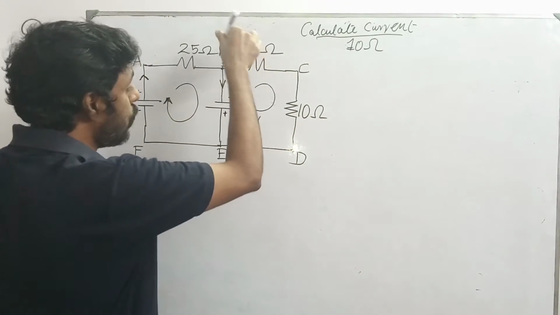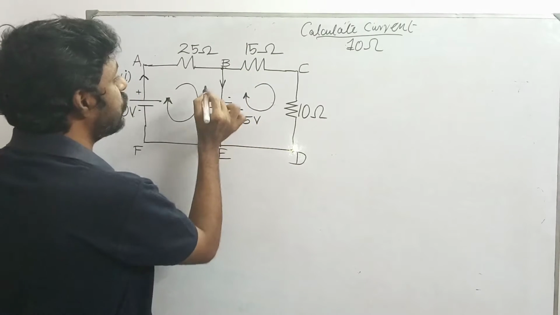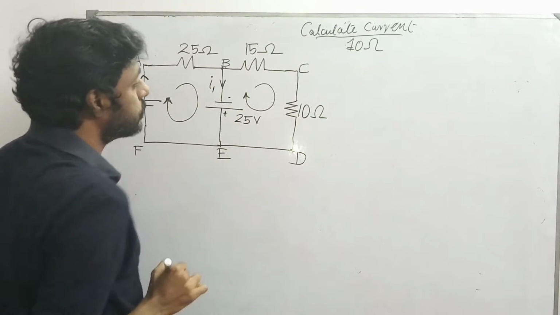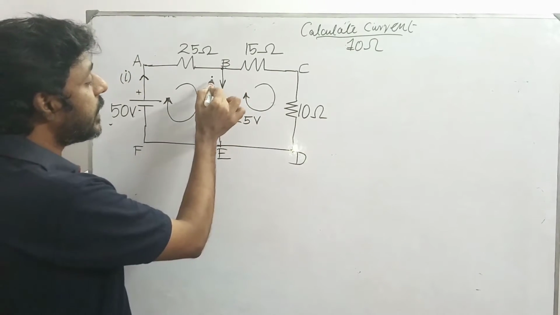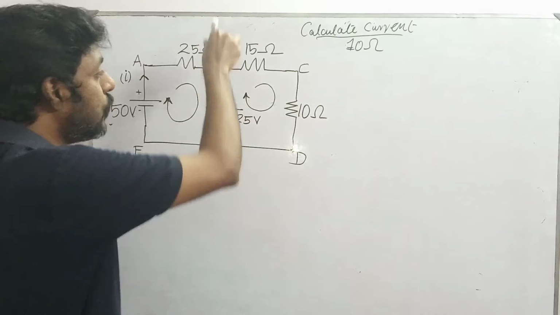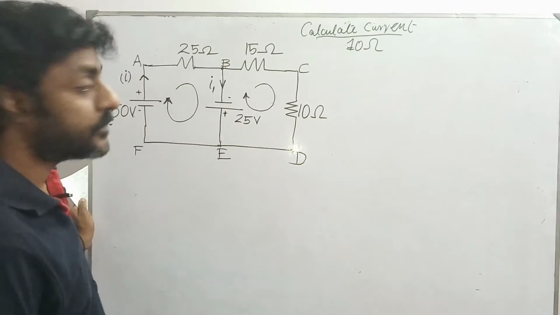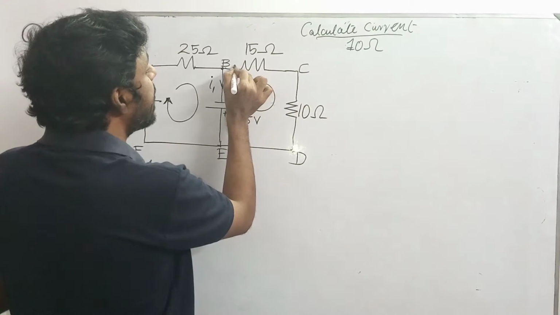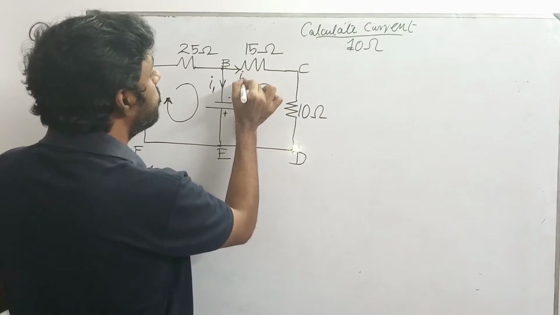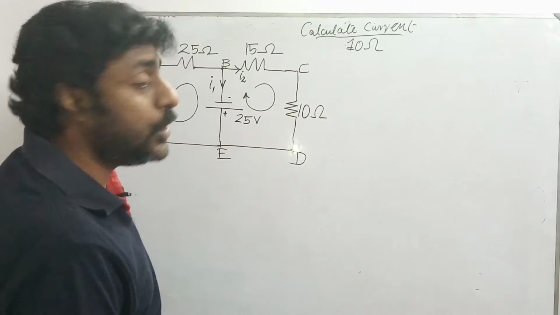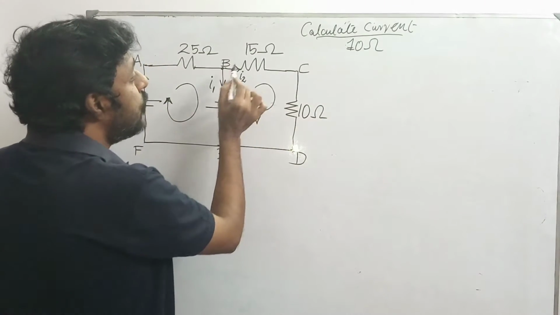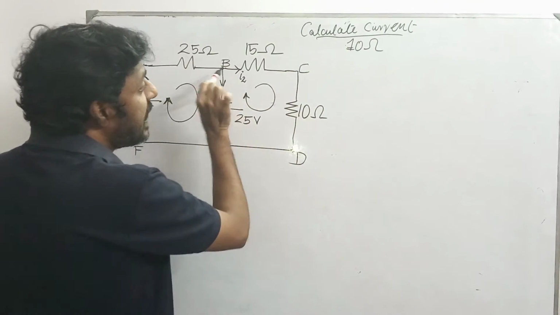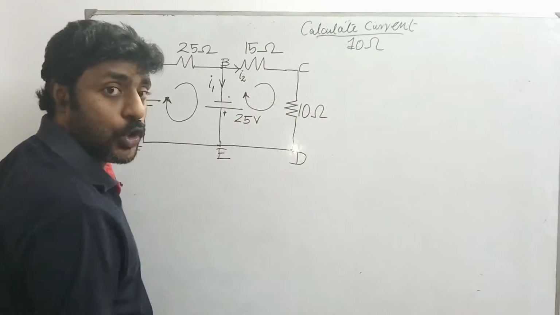The current flowing through the branch BE, let us name I1. Current I1 flows through the branch BE, and you will get another current called I2. This current I2 flows through the branch BCDE such that it passes through the resistors 15 ohm and 10 ohm.